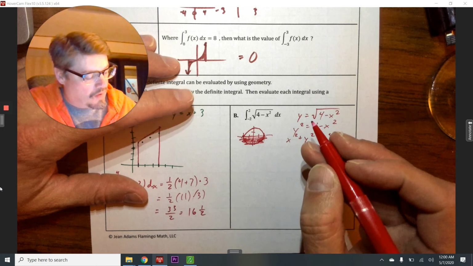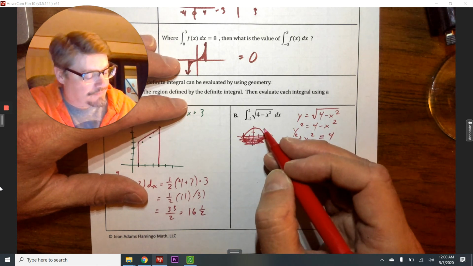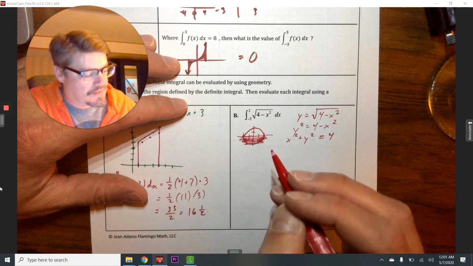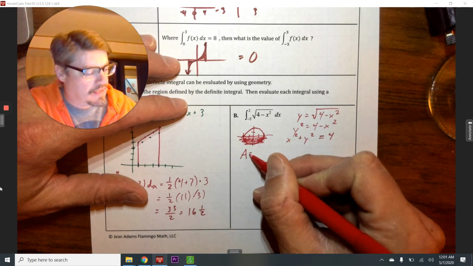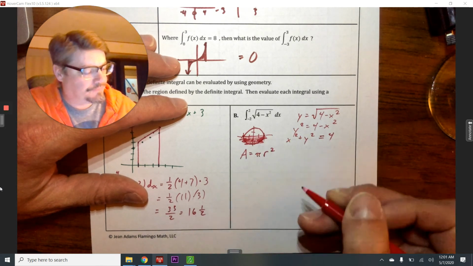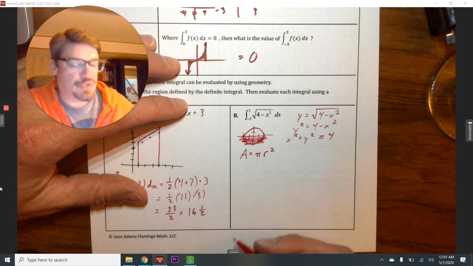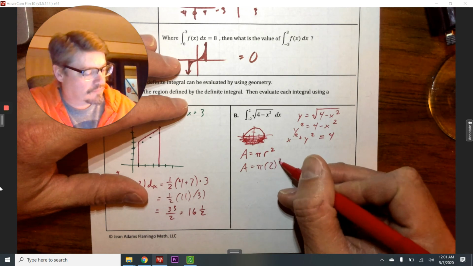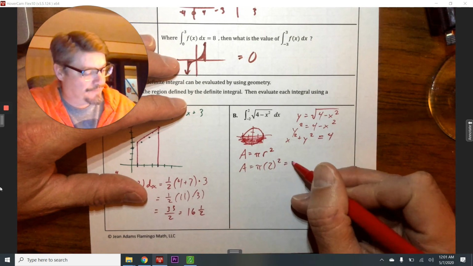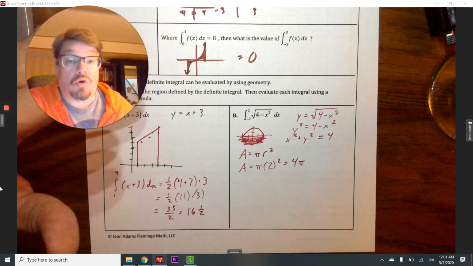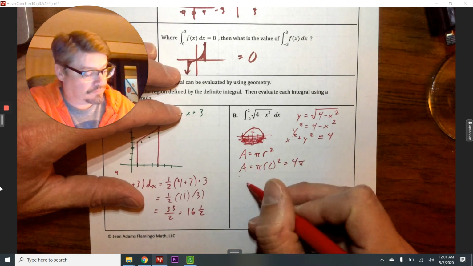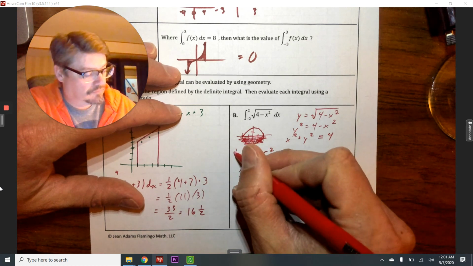So when I figure out the area from there to there, all I have to do is think, well, area equals pi r squared. The radius is 2. That's 4 pi, but that's the whole circle.